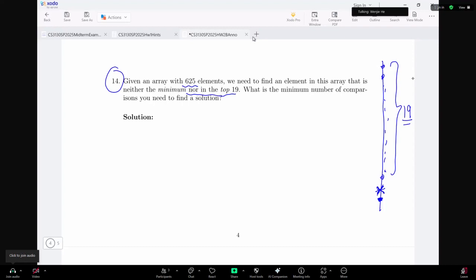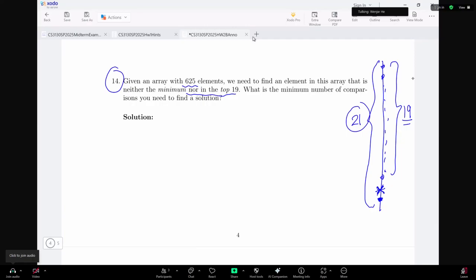Above, at least one element. Okay? That's one. So from this diagram, you can see the elements involved, 19 plus 2, 21. Okay?